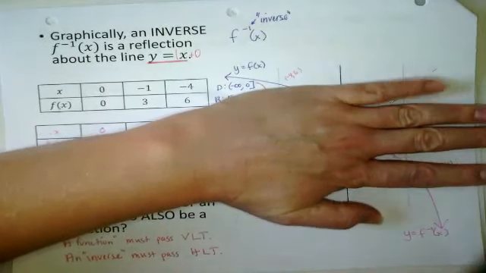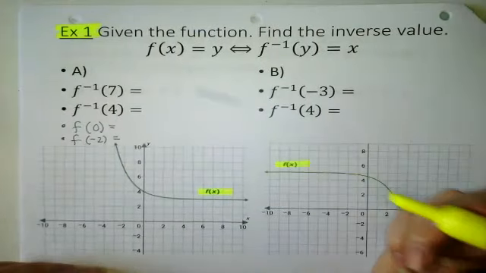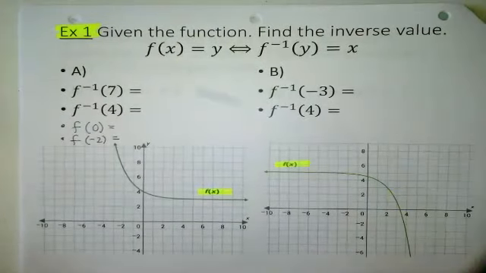So using graphs, example 1: given the function, find the inverse value. You'll notice they're giving me f of x in these graphs. It's important to know what we're looking at.